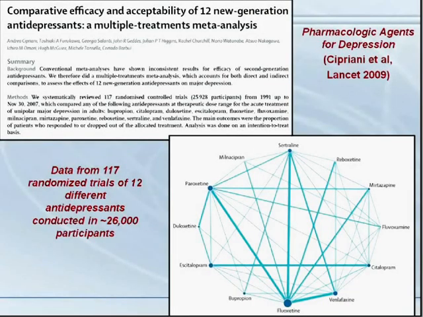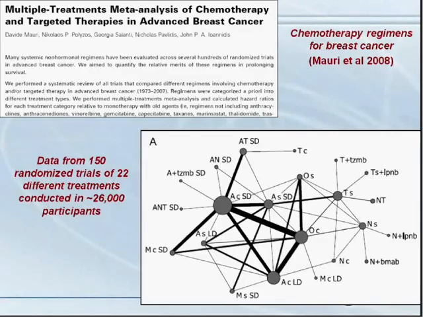Here's a 2009 Lancet paper looking at 12 antidepressants for treatment of depression. Data from more than 100 trials and 26,000 patients. So certainly an interesting read. Here's another very complex network. This was chemotherapy regimens for breast cancer, reported by Moher and colleagues in 2008.